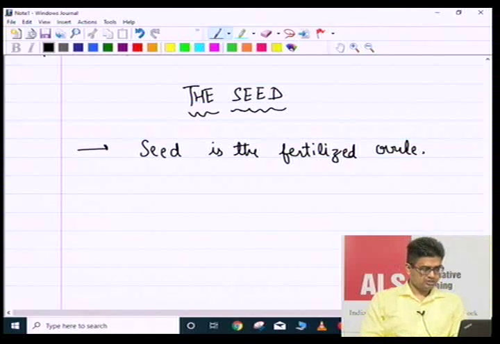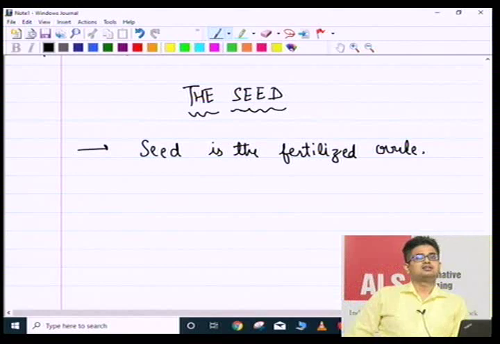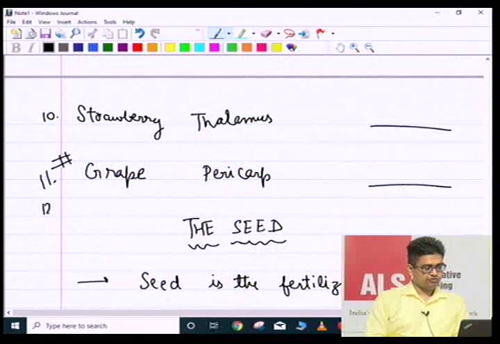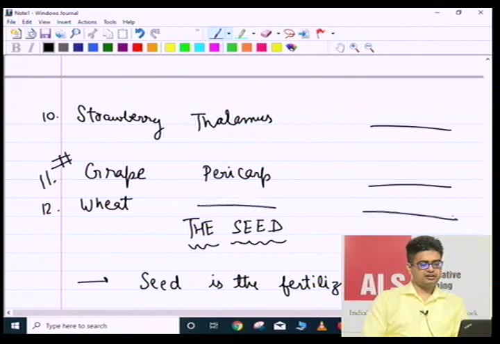So now, yeah, by this I remembered another question. Try to find this out by yourself. Wheat. Okay. Wheat seed. Edible part and type of fruit.